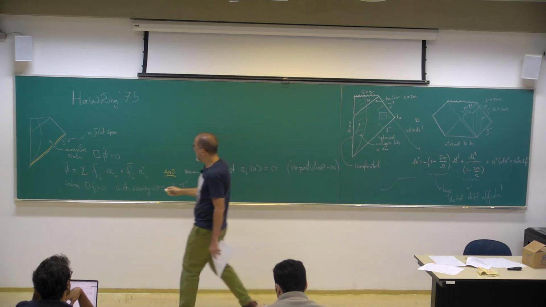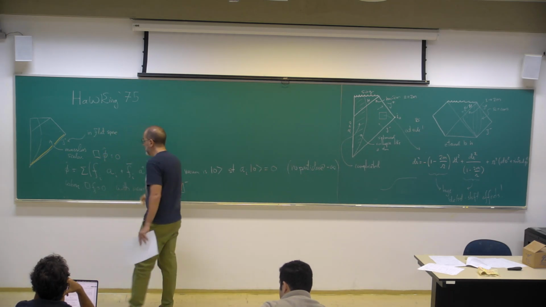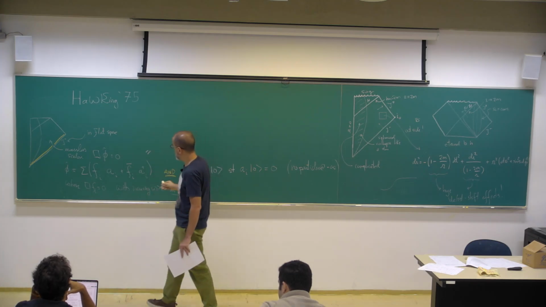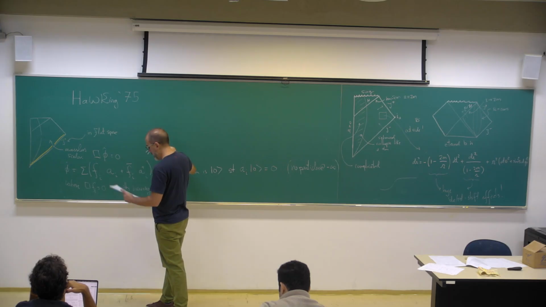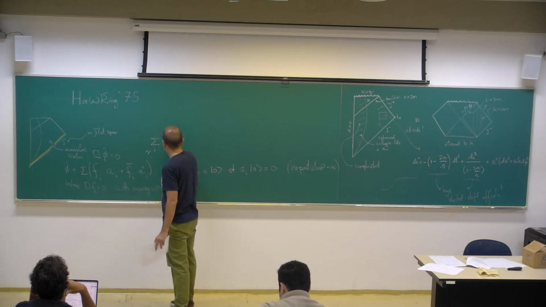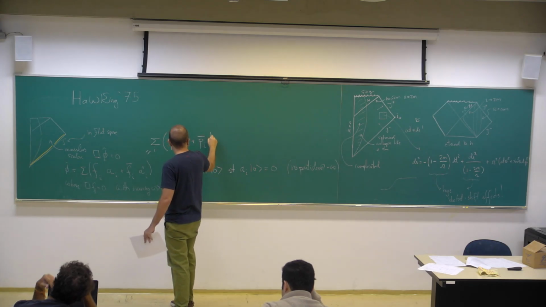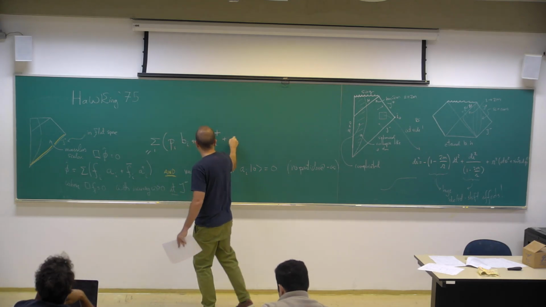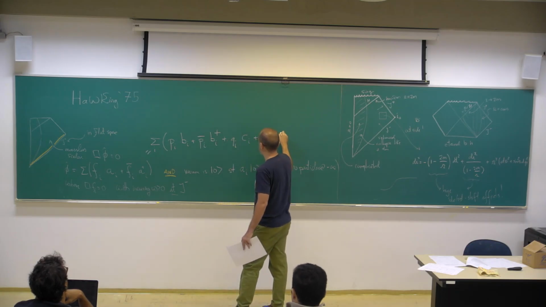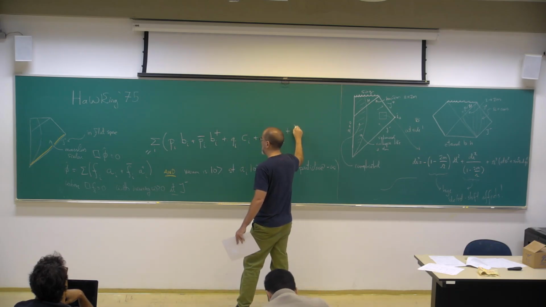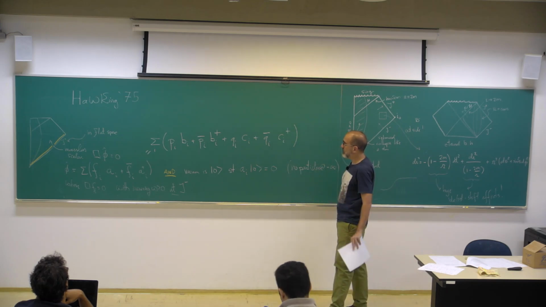But then this same field can also be written, because it's just another choice of bases, so this same field, I can write it as the sum over i of p_i b_i plus p_i bar b_i dagger plus q_i c_i plus q_i bar c_i dagger, where now we have to explain what are these q's and p's, what are these functions.